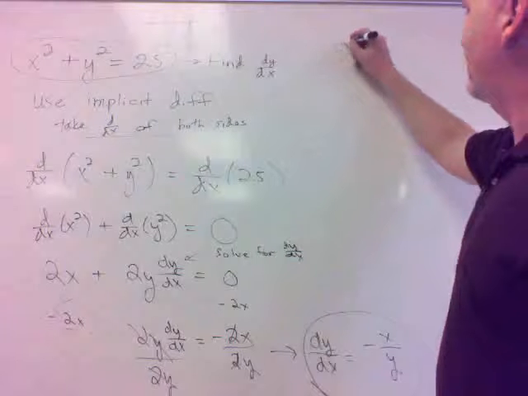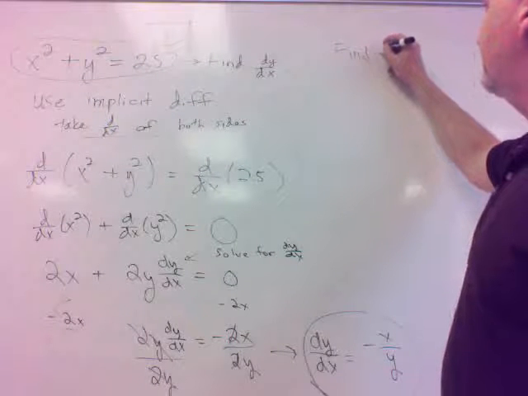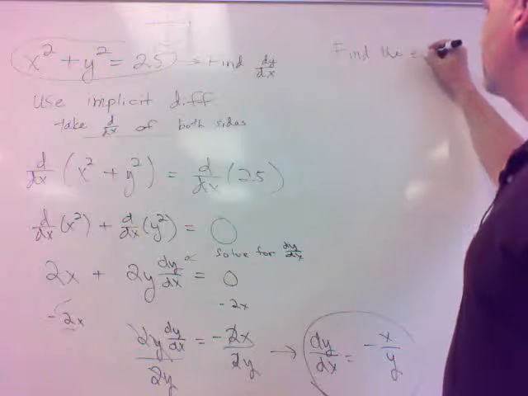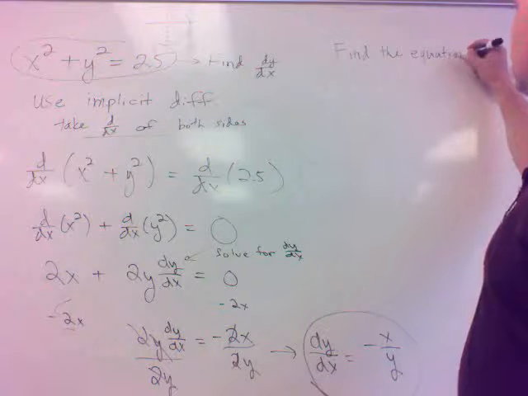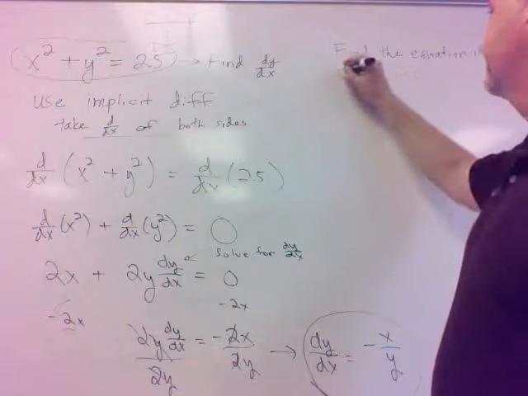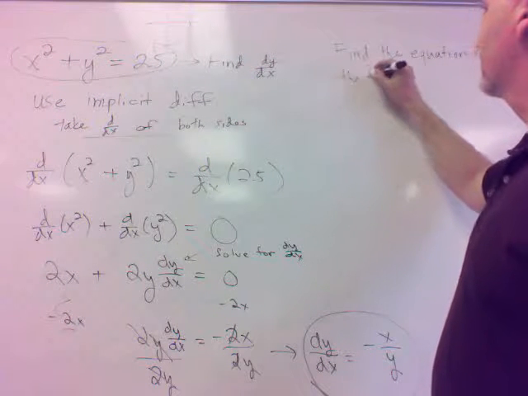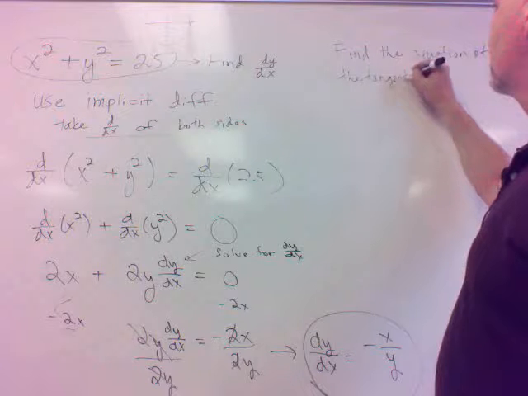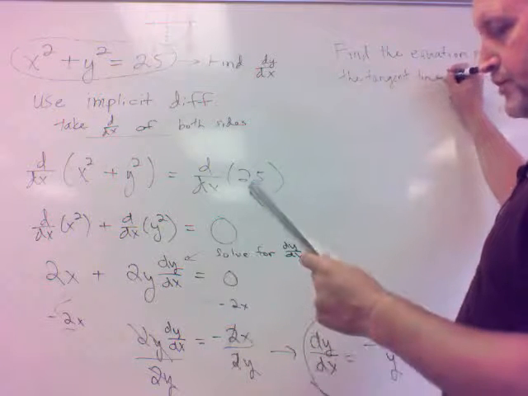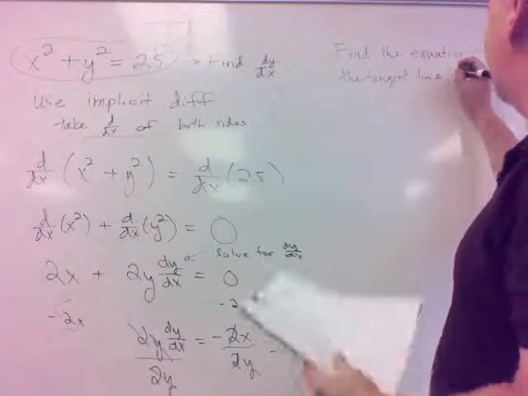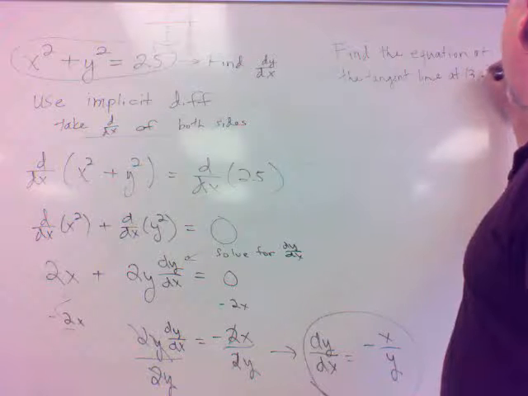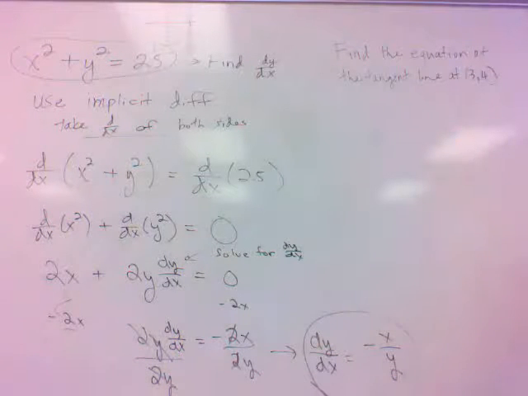All right, so let's find part 2 here. Find the equation of the tangent line at 3, 4.